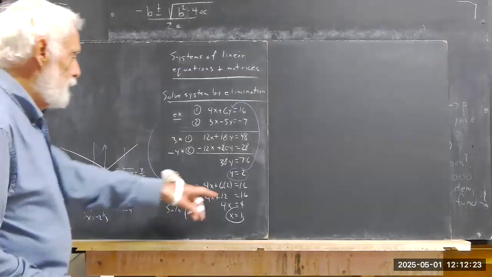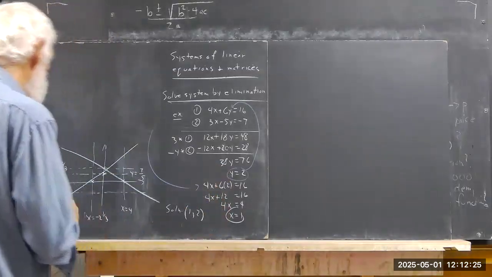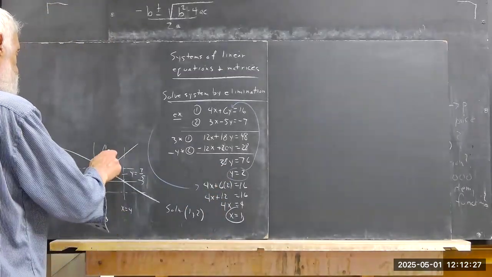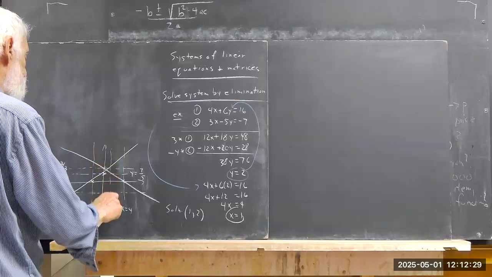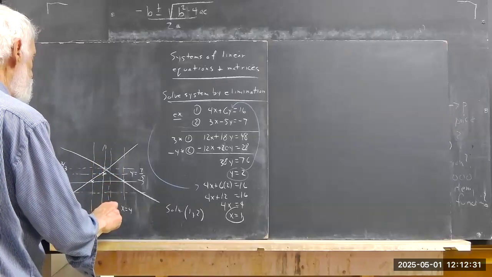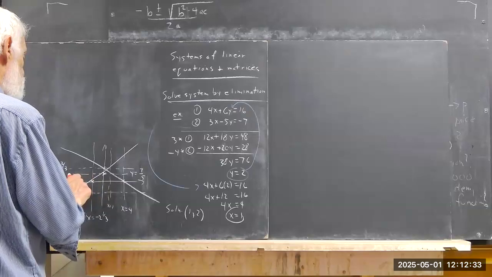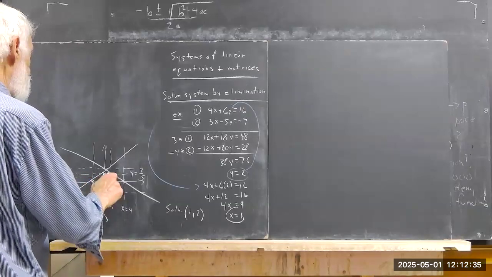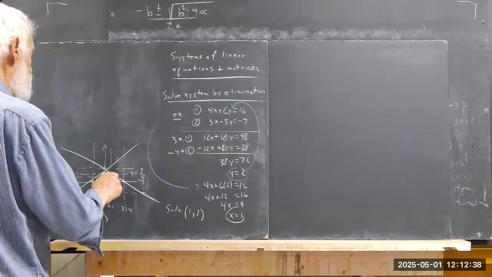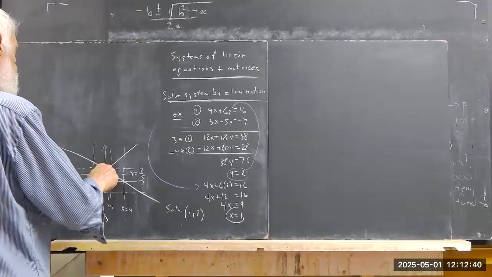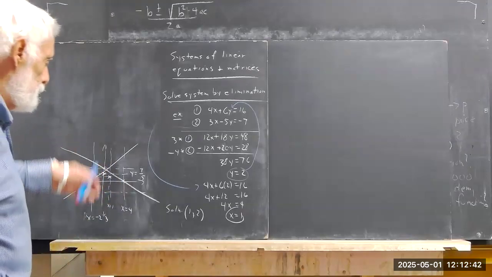And what we should get is y equals 2 and x equals 1. So x equals 1 might be here, and y equals 2 would be about here. So the intersection point should really be here rather than here, but we're reasonably close.